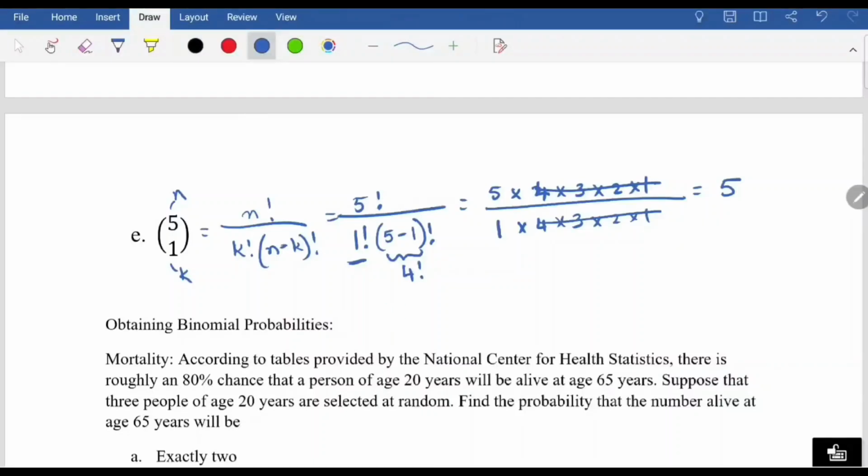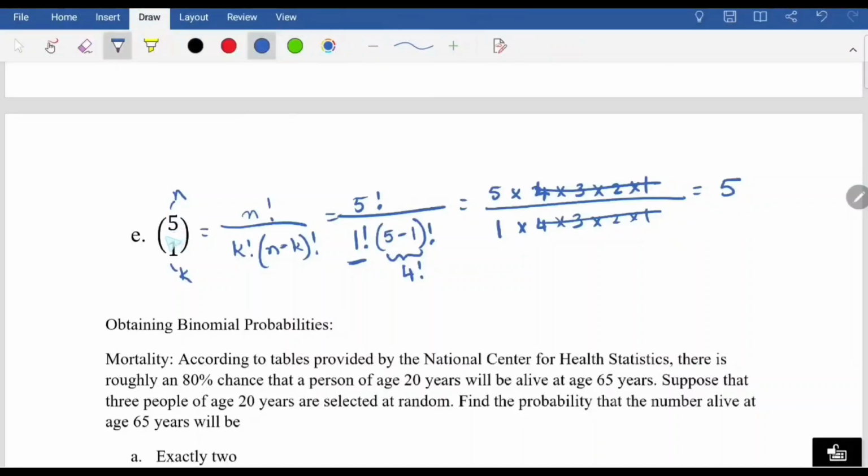Again, this is another fact you can remember. Just know, if you have a 1 in the bottom for k, doesn't matter what value n is, you will always end up with n for the answer.